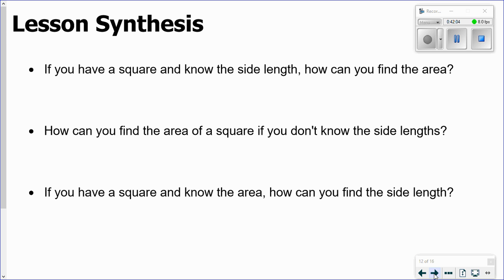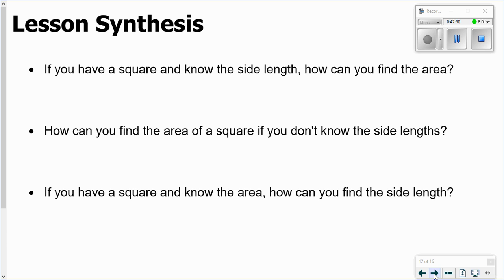So if you have a square and you know its side length, how can you find the area? We talked about a few different methods depending upon what type of square is given. If we have it on grid paper, we can utilize finding familiar figures and calculating the area of those, or deconstructing and recomposing, but the main one that really helped us out is the surround and subtract.